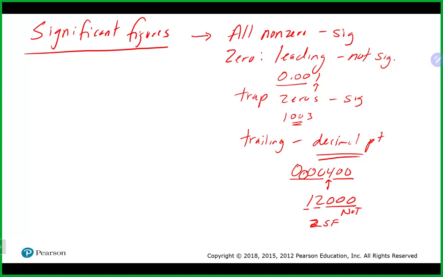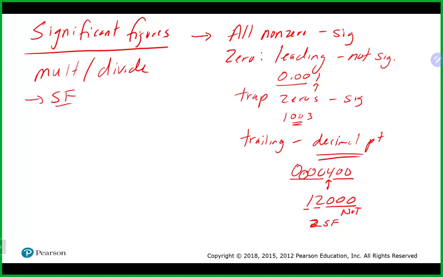At the end, we got into calculations involving significant figures. There are really two groupings of math operations that we do. We can multiply or divide, and when we're multiplying or dividing, we are looking at significant figures.